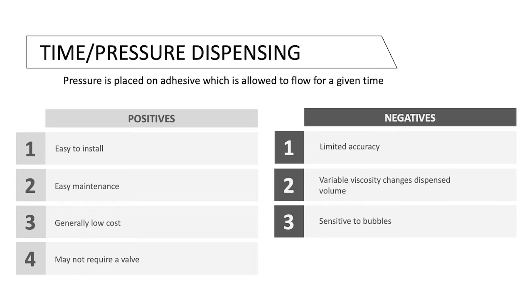Some of the drawbacks, though, is they don't have as small a dot size as some of the other methods that we've talked about so far, like screen printing or pin transfer. The dot size you're typically going to see for dispensing is closer to 10 to 15 mils.